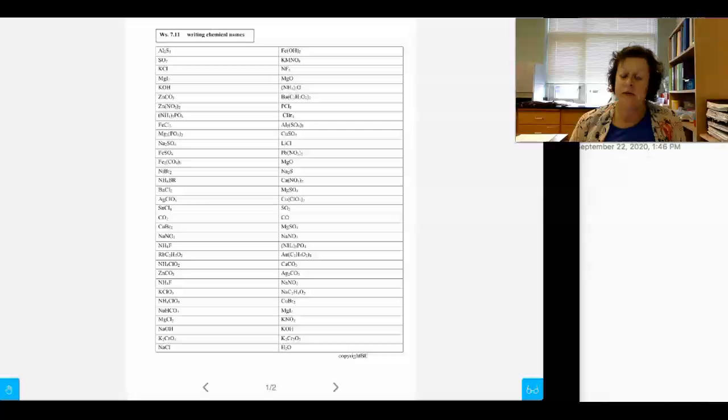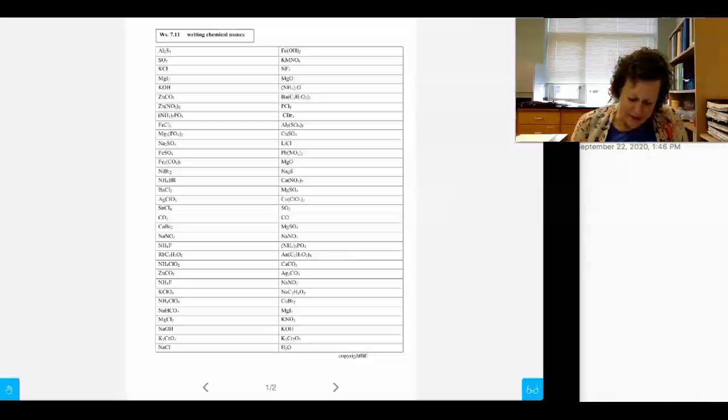Is it ionic with a polyatomic, so you have to recognize it? Is it covalent? And then if you figure out that it's an acid, do you give me the acid name or do you give me the covalent name? So that's kind of cool. All right, let's do a couple, and then I'm going to let you try it on your own.